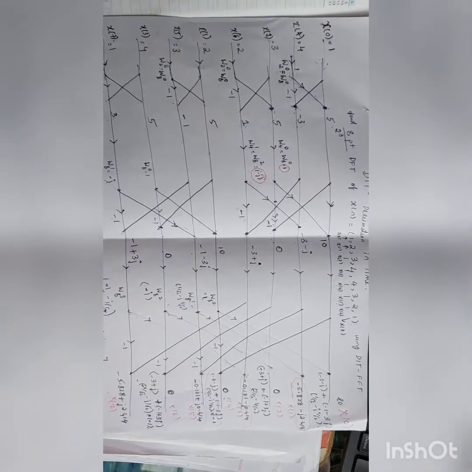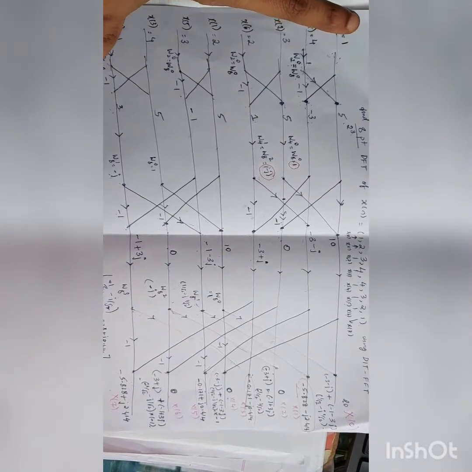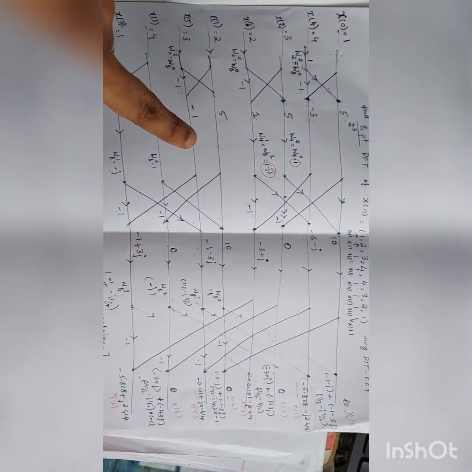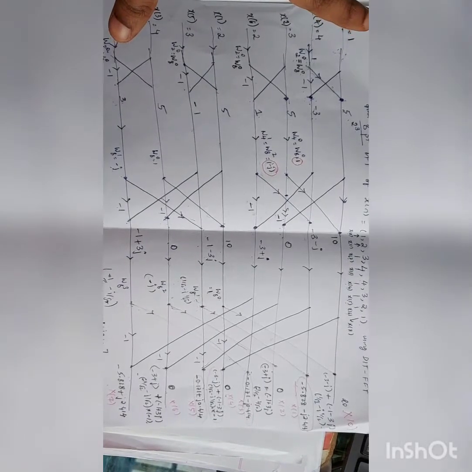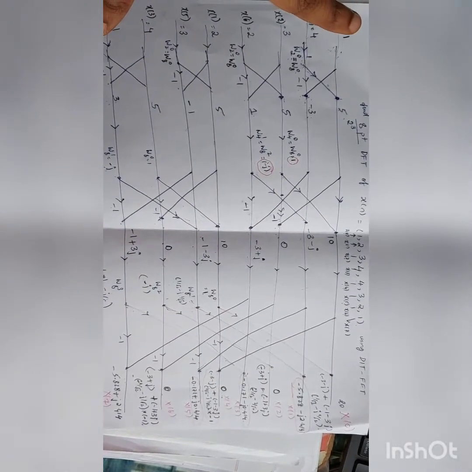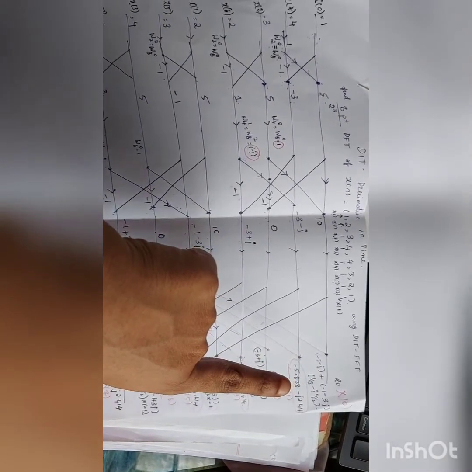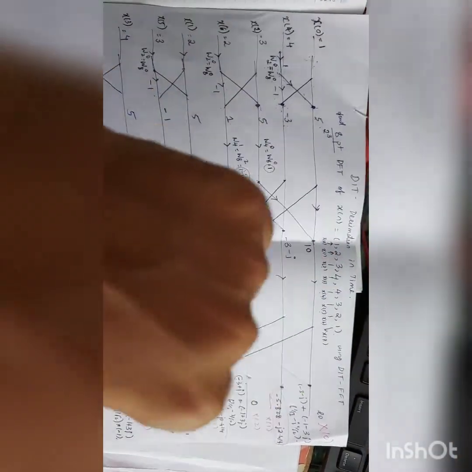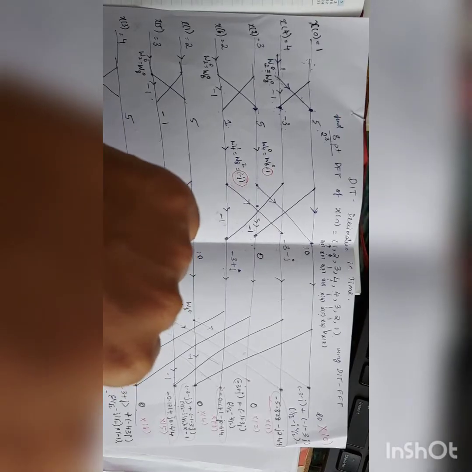In decimation in time, I'm repeating again, the input is fed in bit reversed order, whereas the output you get in the same order. Whereas in decimation in frequency, the input is fed in the same order, whereas the output, the DFT answer, you are going to get in bit reversed order. So let us start doing the same problem using decimation in frequency.